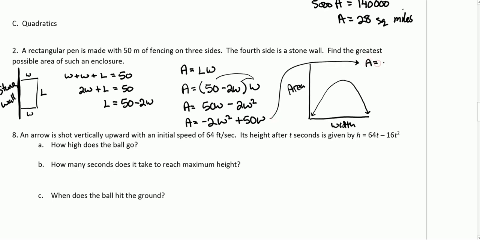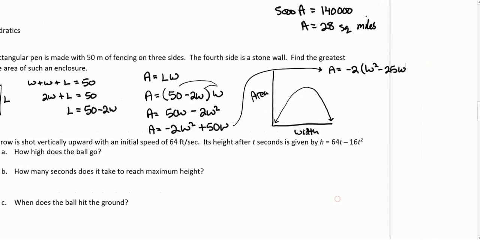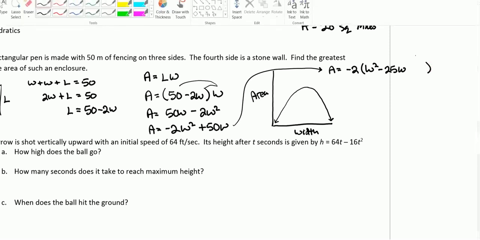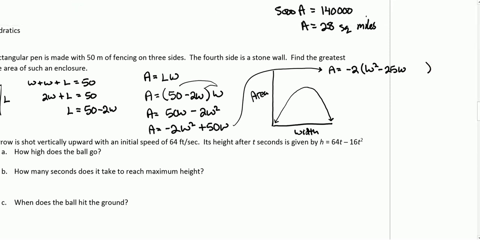I'm going to factor out the negative 2, and I'm left with W squared minus 25W. So then we want to complete the square here. We take half of the negative 25 and square it.